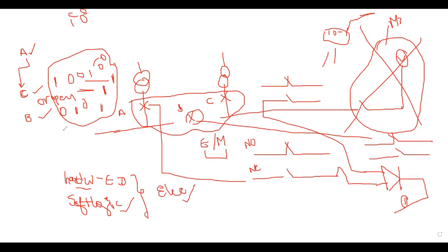Then what is the mechanical interlock? Suppose when I start, I will purchase 2 keys. I am having only 2 keys for 3 breakers. If I insert the key, then only I can operate this breaker on or off.